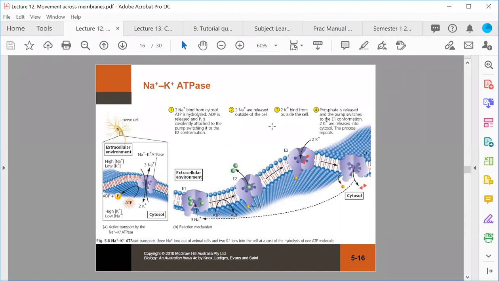When they're released, 2 potassium ions can then bind, shown as these little red triangles here. That will induce, once again, a conformational change back so that it's facing the inside of the cell, and those potassiums are released, and the phosphate is also released. Another very neat little system that we can see there.